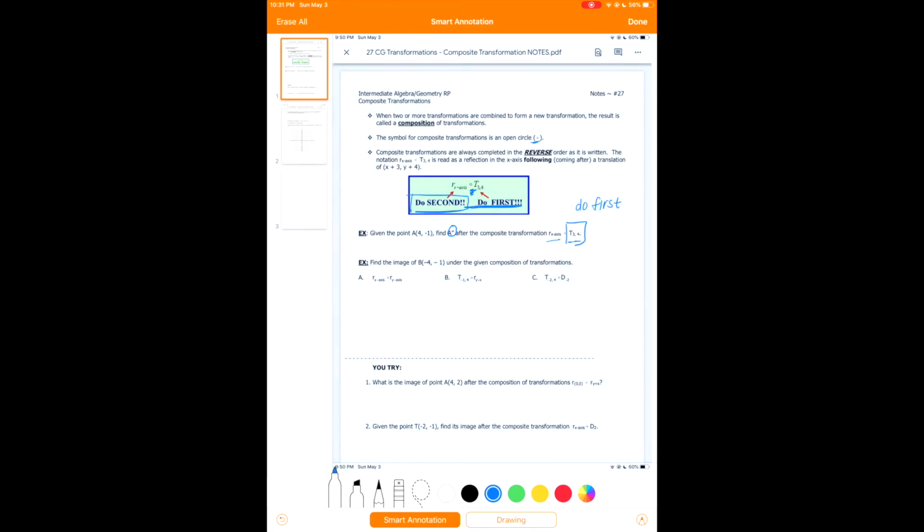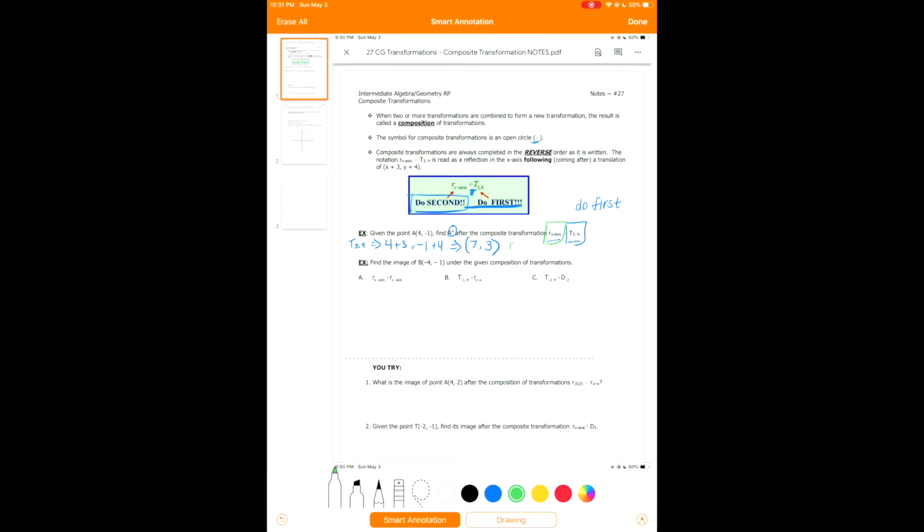I'm just adding 3 to the x value and 4 to the y value. So I'm doing 4 plus 3 for the x value and -1 plus 4. So my new coordinate is going to be (7, 3) after the first thing, and then I'm going to reflect over the x-axis.